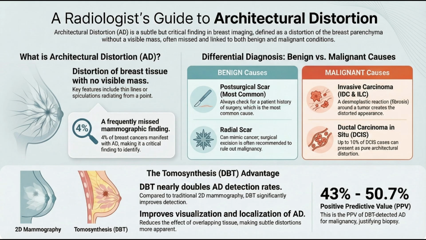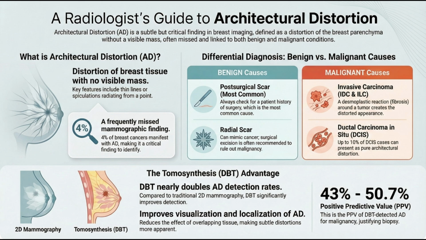You might also just see what we call focal retraction, where the tissue seems pulled back, or an unusual straightening, especially at the edges of the glandular tissue. Of course, AD can also show up with other suspicious things like asymmetry or calcifications, but that disruption, that pulling, that's the key identifier. That stellate or star-like pattern is what makes it look so suspicious for cancer. Right. It suggests something is actively pulling the healthy tissue inward.